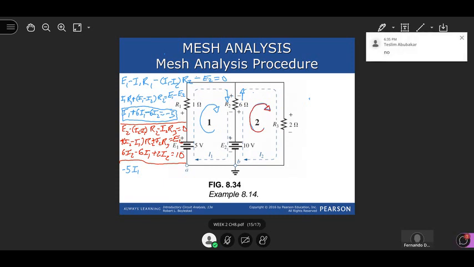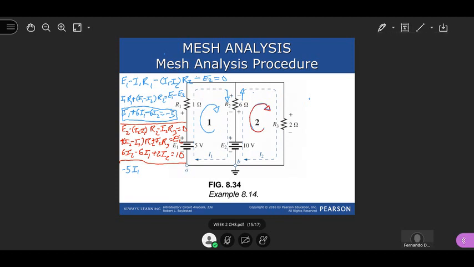You understand what I did? Oh, no? Okay. Simple math. I have this equation here. E1 minus I1 times R1 minus I1 minus I2 times R2 equal to E2. Minus E2 equal to 0. Everybody understand this part here?